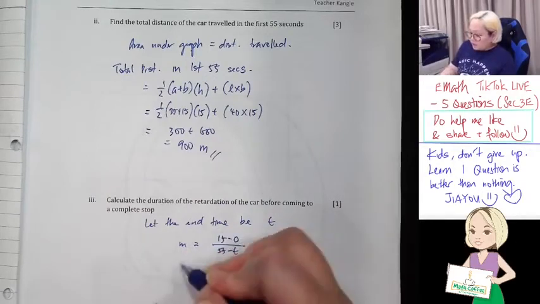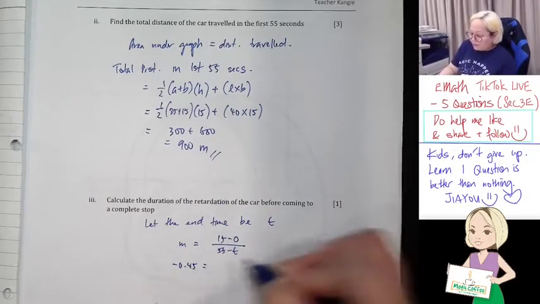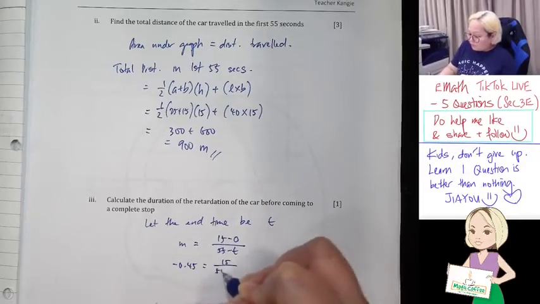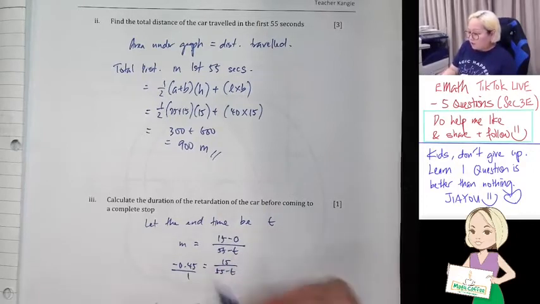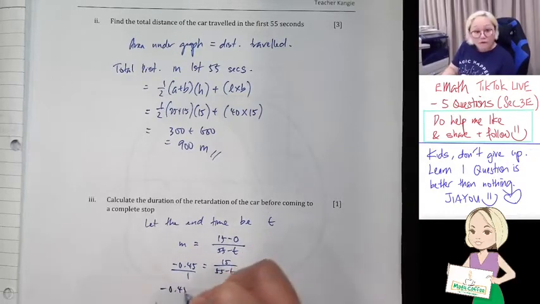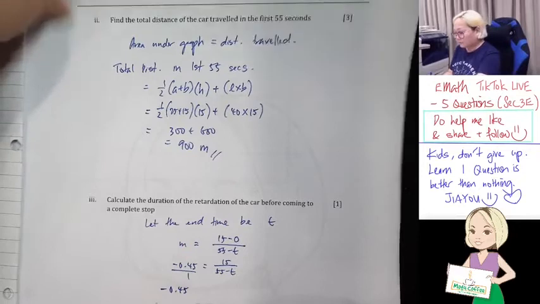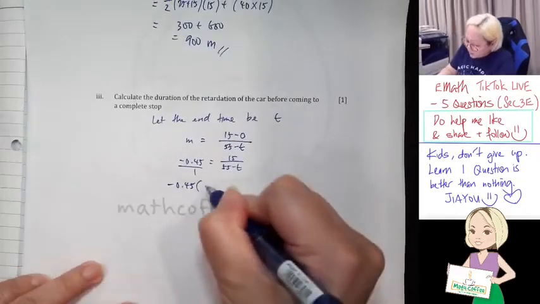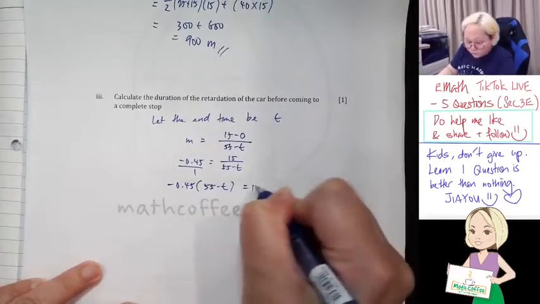So now my gradient is negative 0.45 equals to 15 over 55 minus t. So put over 1, cross multiply and solve it. Negative 0.45 bracket 55 minus t equals to 15.